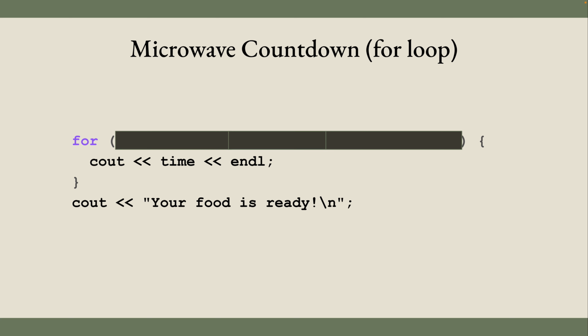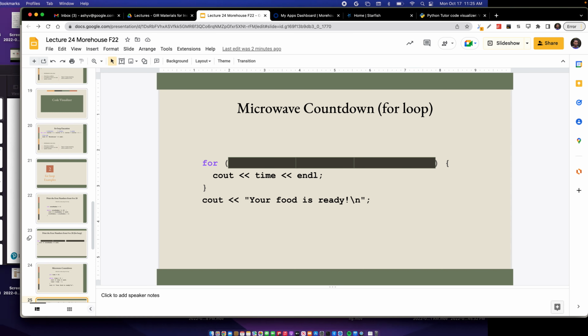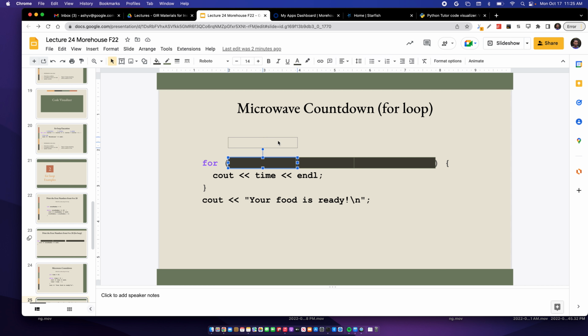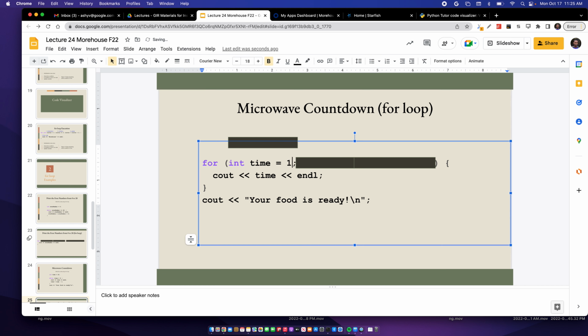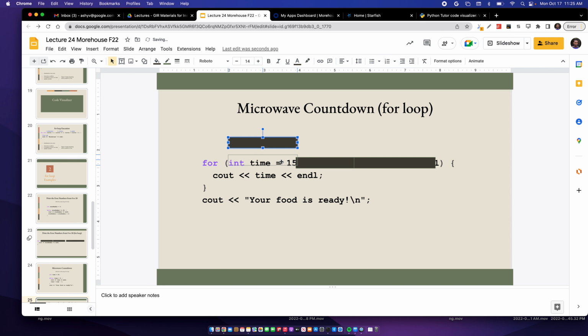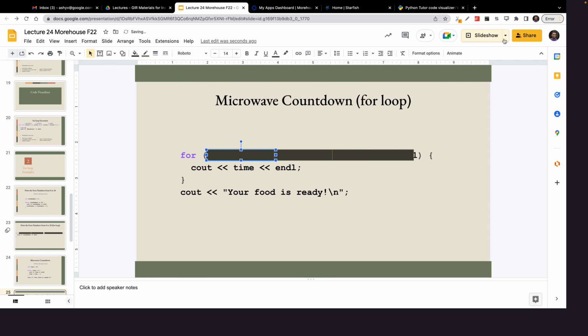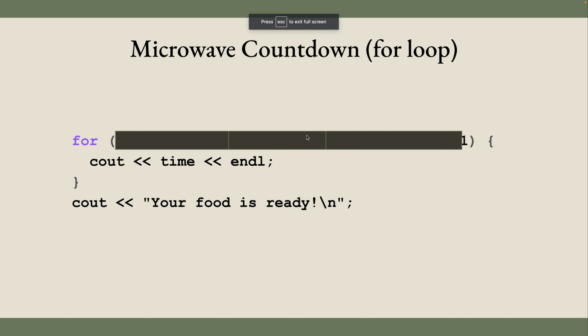Okay. So what do we call this first block? Yeah, we call that the initialization. So time is equal to 15. Bring that back. And then what do we call the second box?